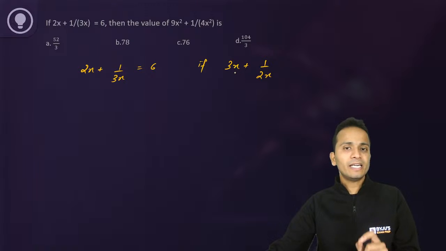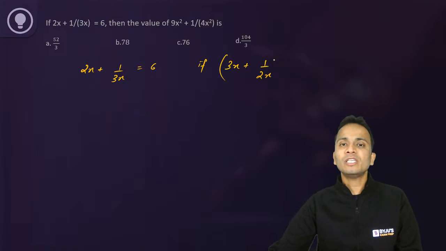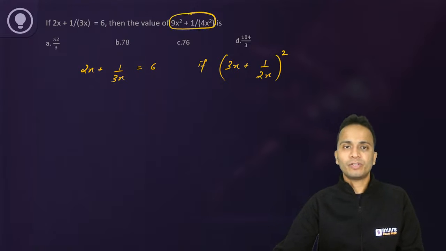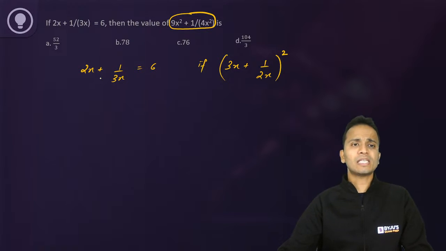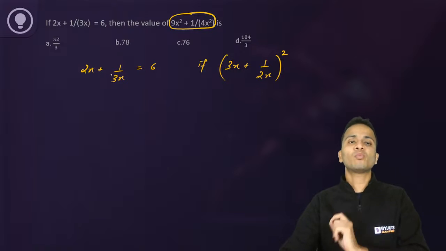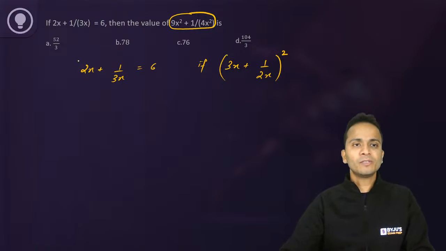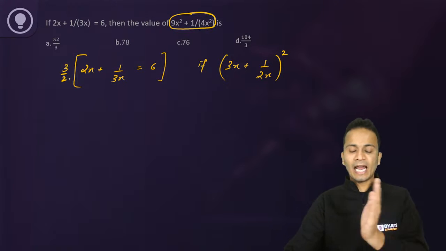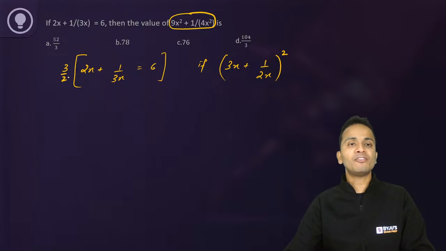If I get the value of 3x plus 1 upon 2x, then upon squaring this, I can obtain the value of this. But I don't have the value of 3x plus 1 upon 2x. I have the value of 2x plus 1 upon 3x. So what you can do is multiply this entire equation by 3 by 2, on the left hand side and on the right hand side.